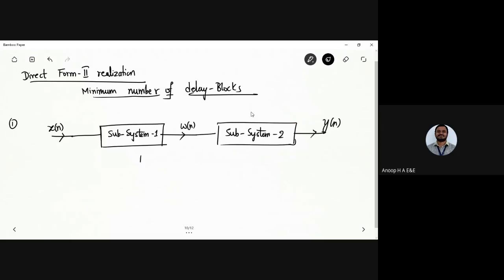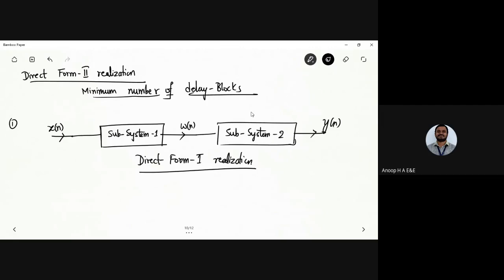So this is the direct form 1 realization. That is the first way in which you can realize a given difference equation, and you can obtain the direct form 1 realization depending on it.